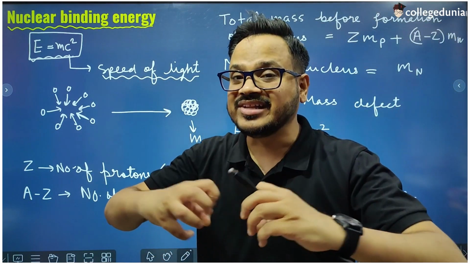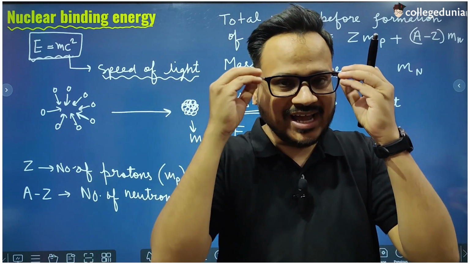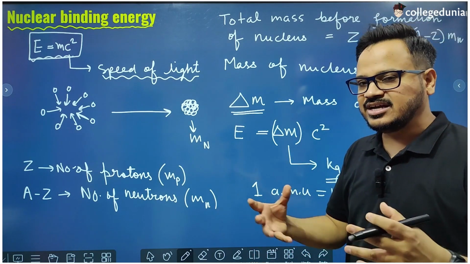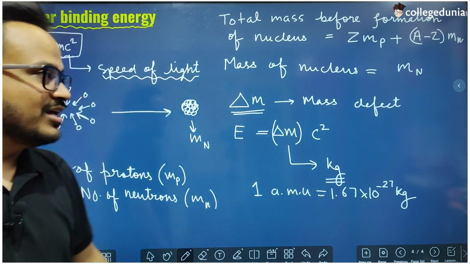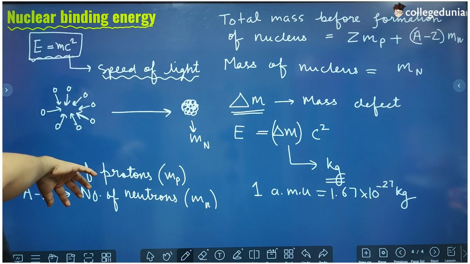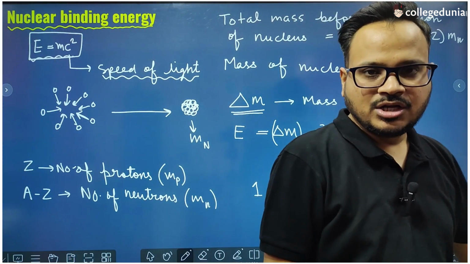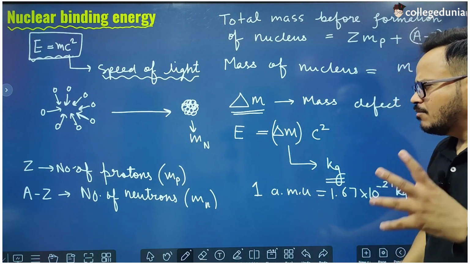If you want to disintegrate the nucleus into nucleons, you again have to supply the same amount of energy, and the nucleus gets disintegrated into the nucleons again, because they regain the mass which was destroyed during the formation of the nucleus, using the energy that we have just supplied. So mass can be converted into energy, and energy can be converted into mass.